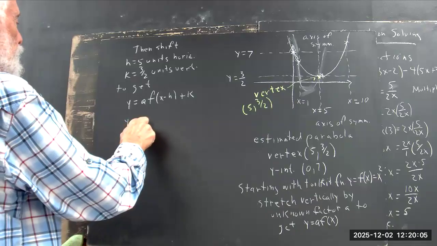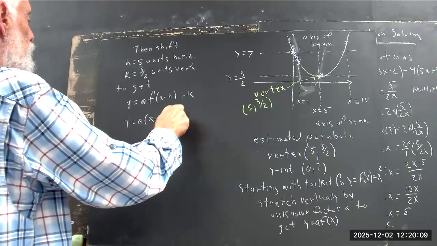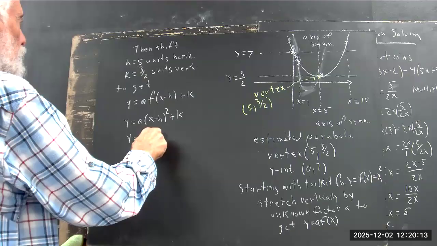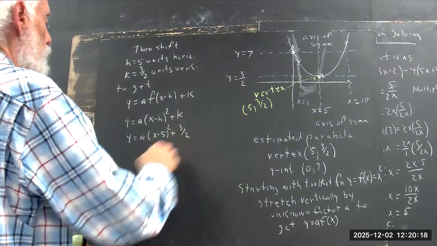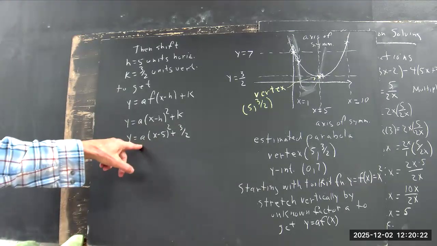So y equals a times (x minus h) squared plus k. Well, that's y equals a times (x minus 5) squared plus 3/2. So we've got everything but the value of a.